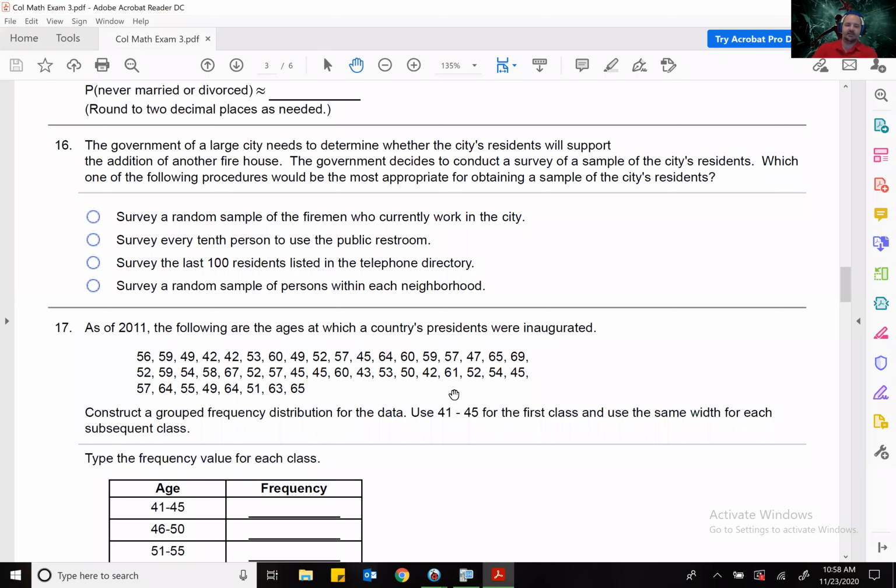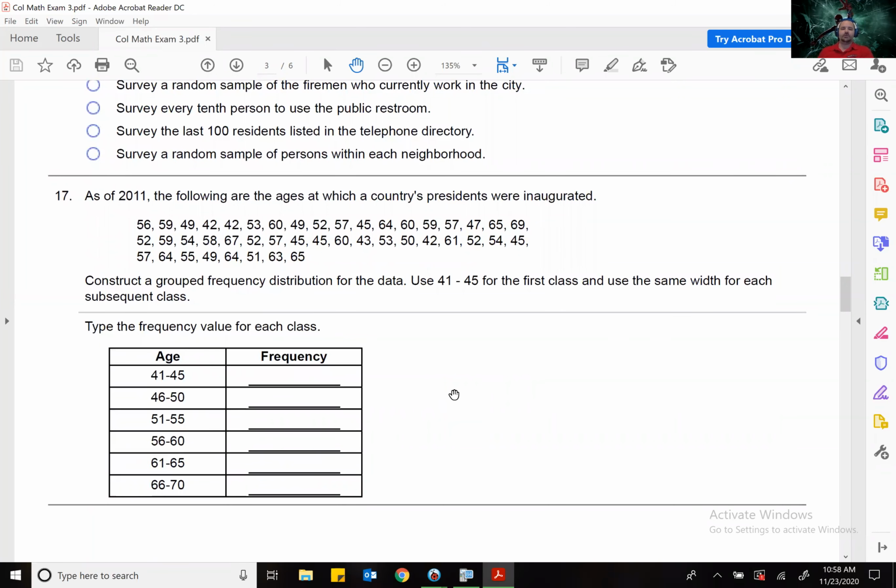All right, number 17. So you're kind of doing like a frequency table here. Okay. And so in these blanks, you're going to tell me the number of tallies you have for each group. Okay. So give me 1 second.